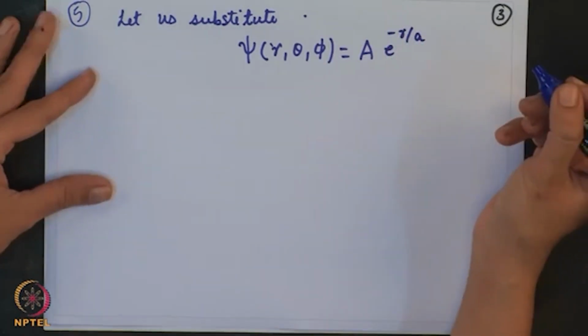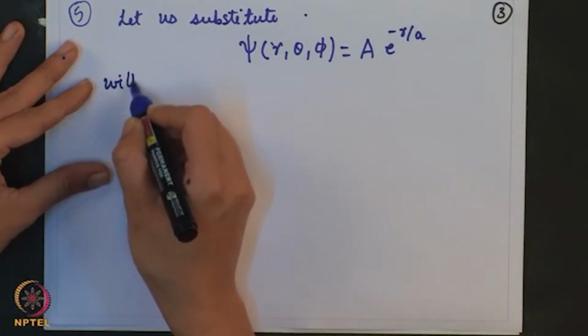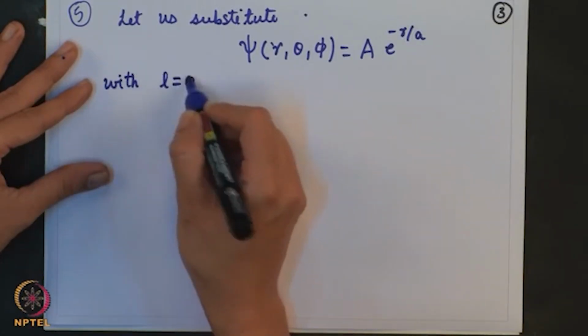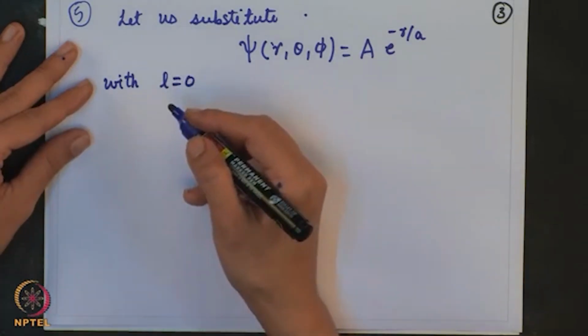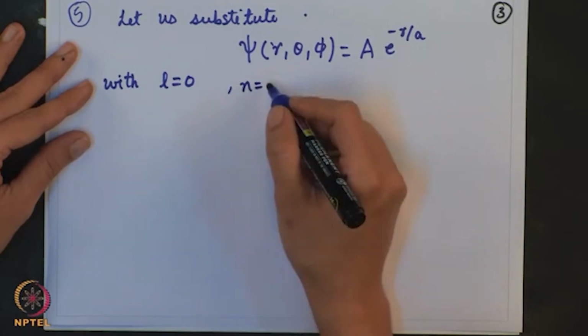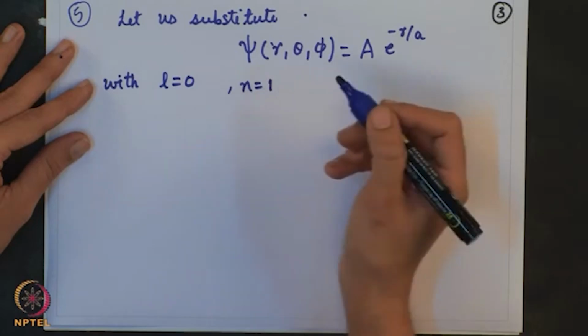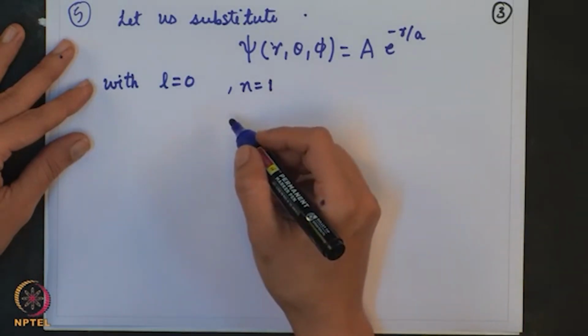We will assume that L is 0. So, when L is 0, n can take value 1. So, we assume n is equal to 1.